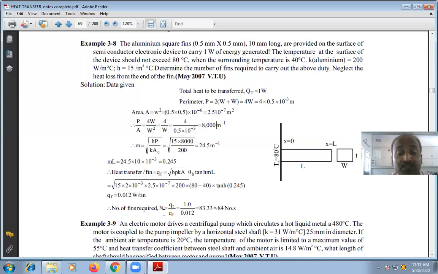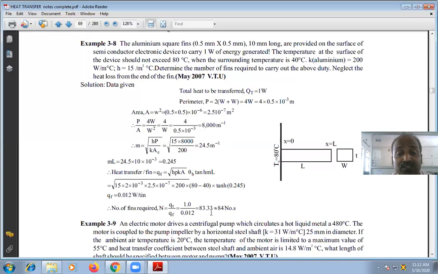The given task is 1 watt, and the individual fin will dissipate only 0.012 watt. Naturally 83.33 fins we have to provide, but 83.33 fins are not possible because the number of fins must be a whole number; decimals are not permitted.